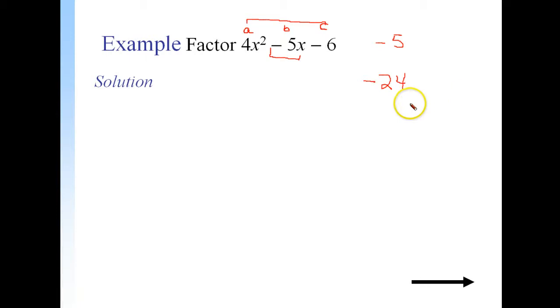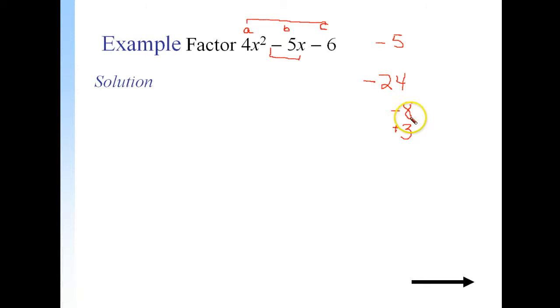Well, again, I could do a big list and maybe the book will show you a big list, but I know they're going to be an 8 and a 3. Why? Well, 8 times 3 is 24. Now I need a -5 out of that. So in order to get a -5 out of that, the 8 has to be a negative, and the 3 is going to be a positive.